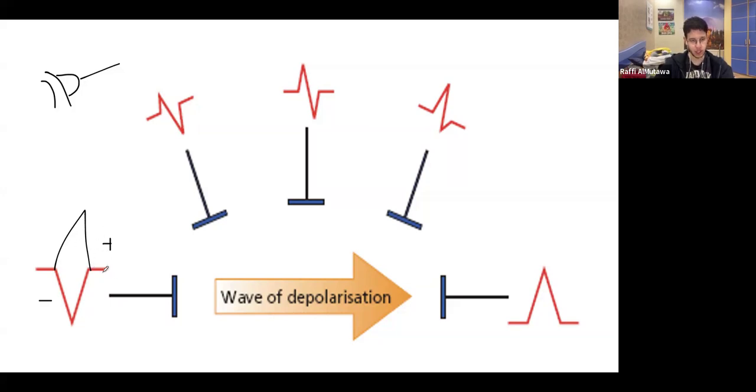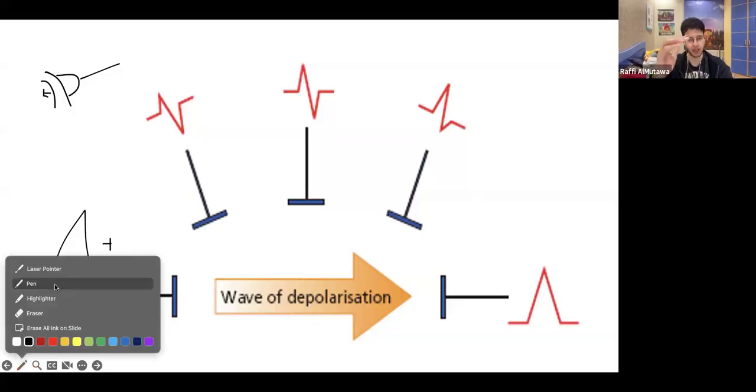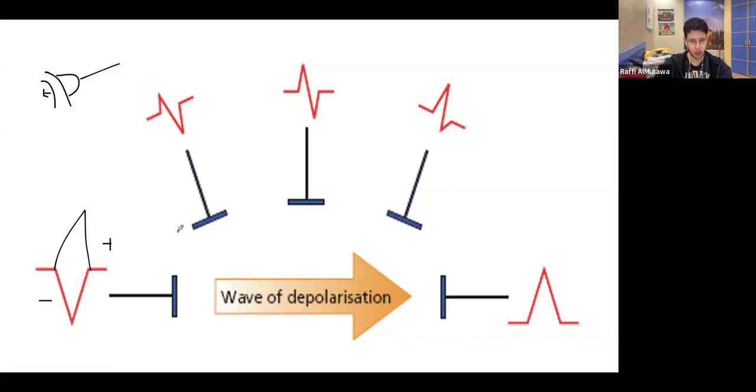But usually it's going to be more of a positive signal if we're just taking the basis of electricity. Vice versa, if it's further away, it's going to be weaker and it's more likely to be a negative force. And this is just showing you how the wave of depolarization works. Not too important, but I only left this for you guys to understand. Heart gets closer, positive. Heart goes away, negative. Monkey see, monkey do.